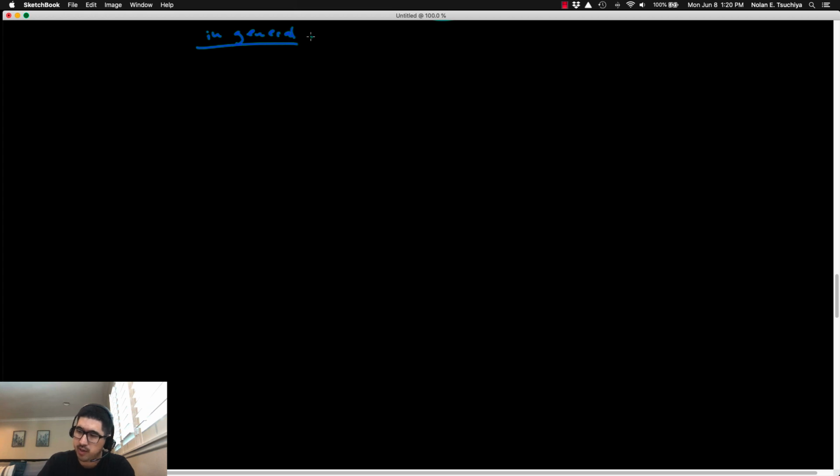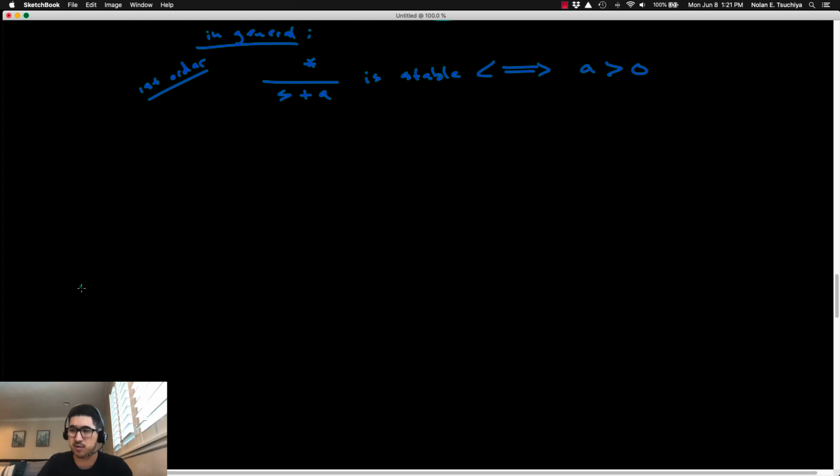When you're looking at a transfer function, if you have the form of something over s plus some constant value a, this is a stable transfer function if and only if the coefficient a is strictly positive, right? So this is your first order transfer function. So if it's s plus 10 or s plus a million, you know it's stable as long as that constant value there is positive.